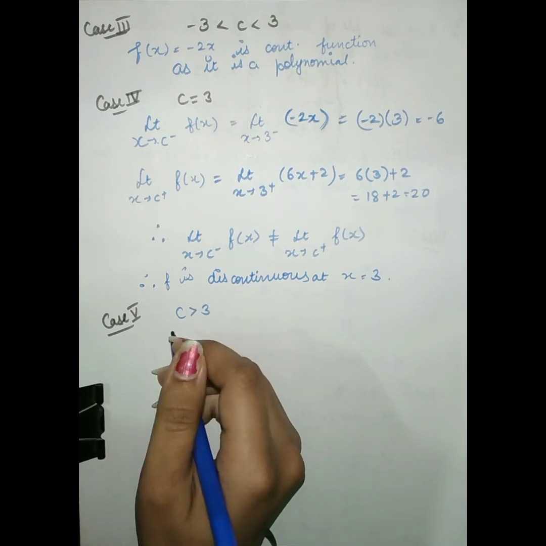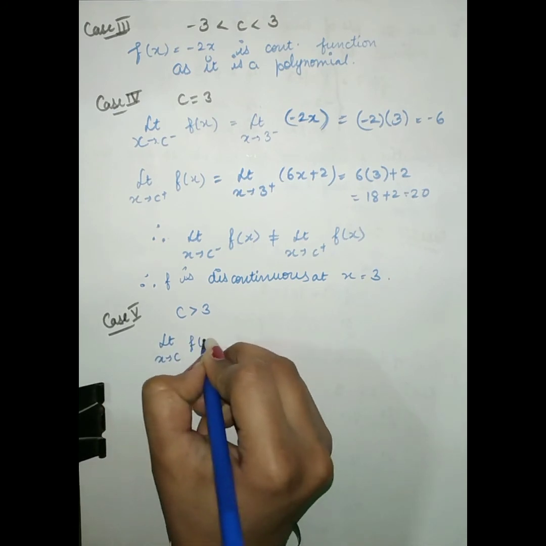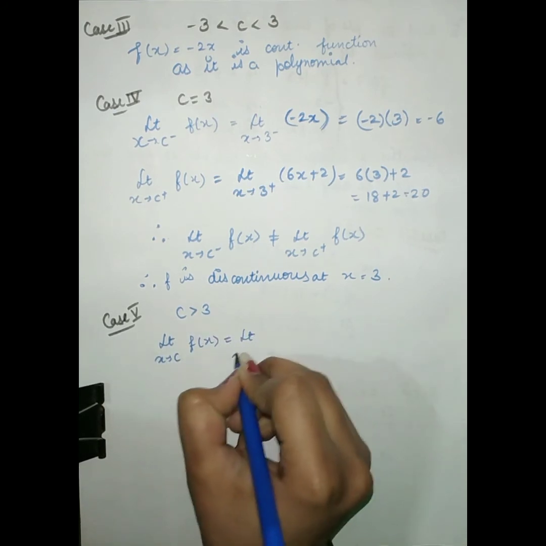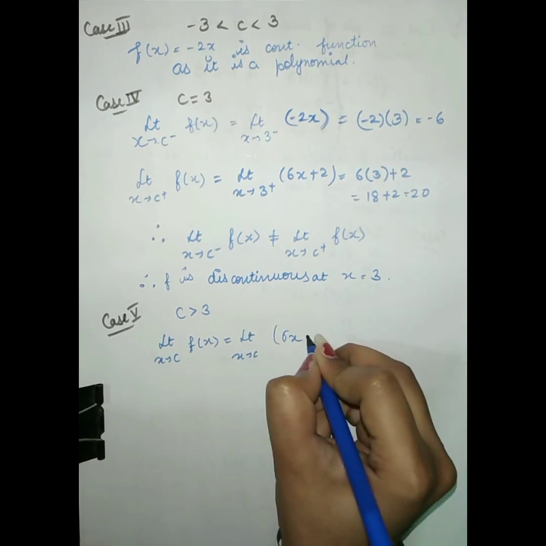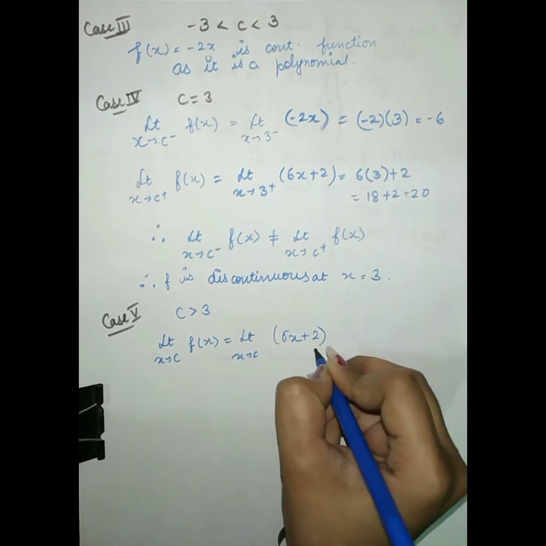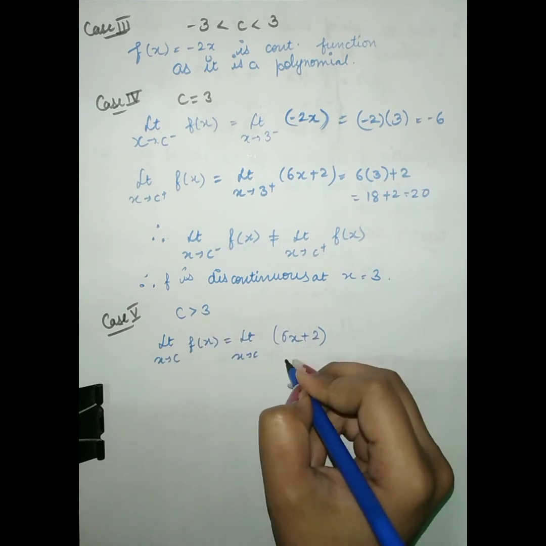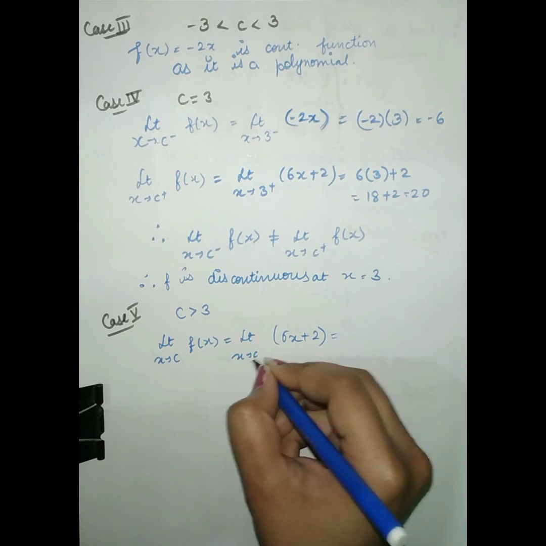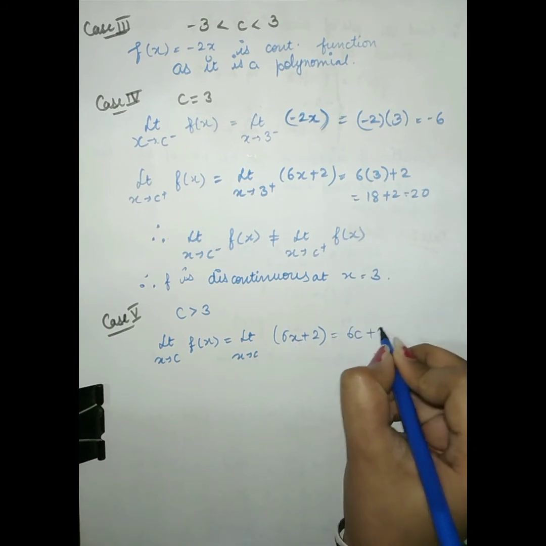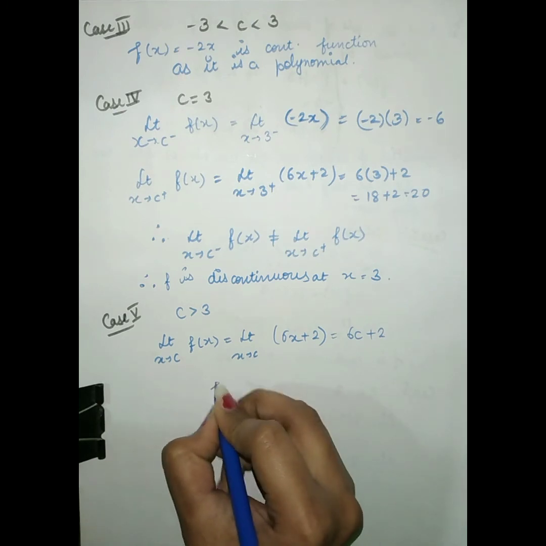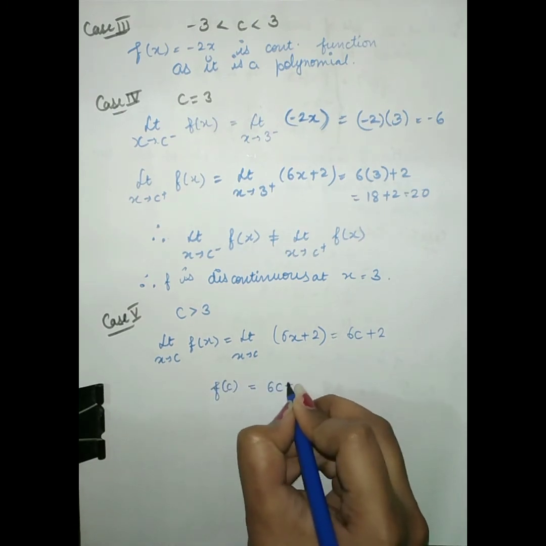Now we have to solve c greater than 3. For this we have to take the limit as x approaches c of f(x), that means we get the limit as x approaches c, where the function is 6x plus 2 for x greater than 3. Now we put the limit, then we get 6c plus 2. So therefore f(c) will be equal to 6c plus 2.